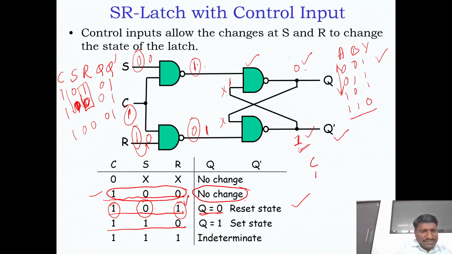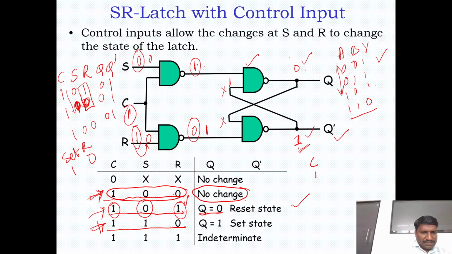To prove this case, I gave this input, then I gave this input, next I gave this input. What is that? C equal to 1, S equal to 1, R equal to 0. Then next I will give 1, 0, 0. That means I set it by making S equal to 1, R equal to 0.